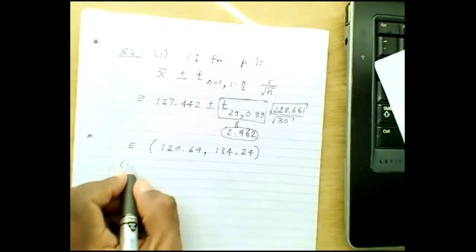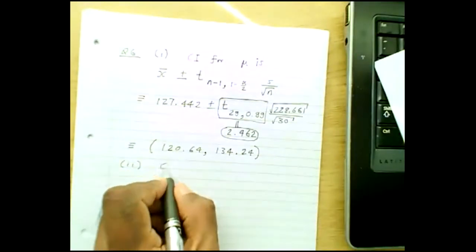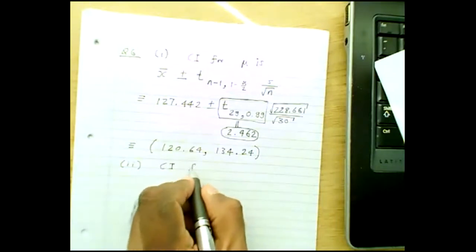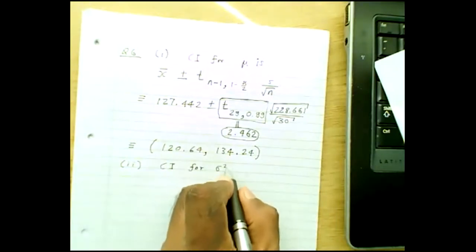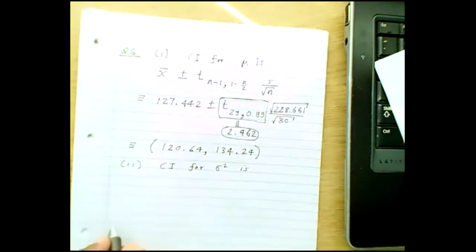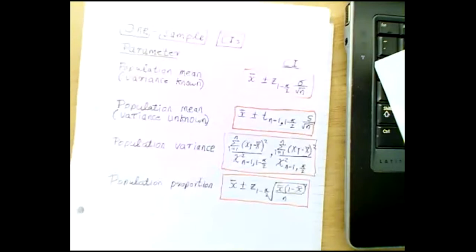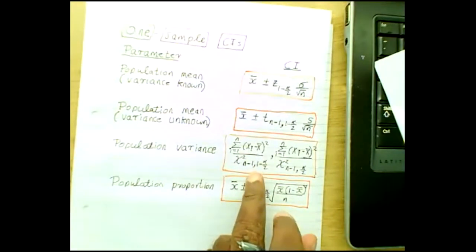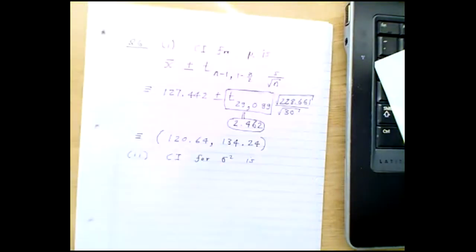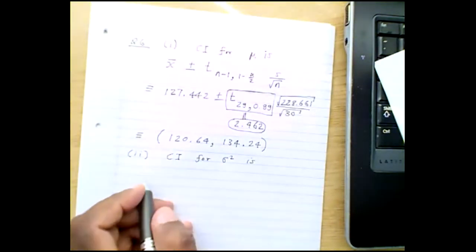Now the second part of the question is asking for the confidence interval for sigma squared. For that, I'm going to use this formula here, which I talked about last week. Let me write it down.